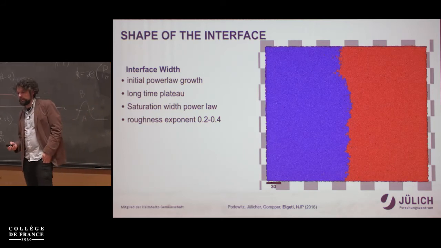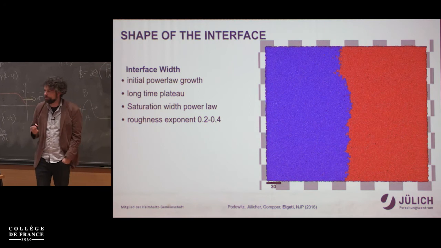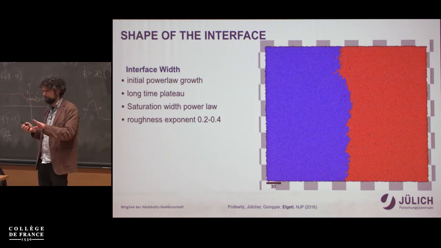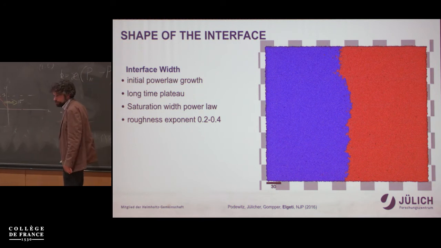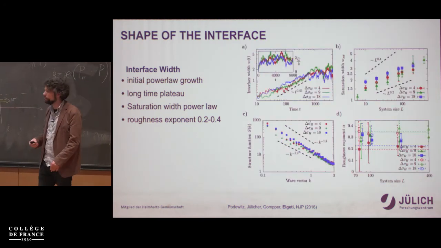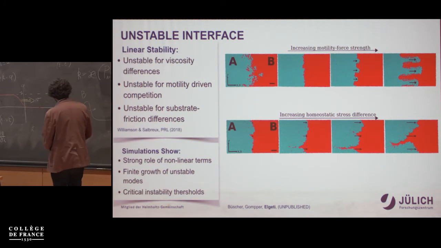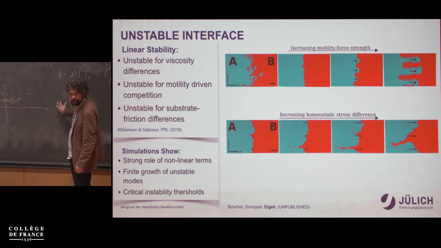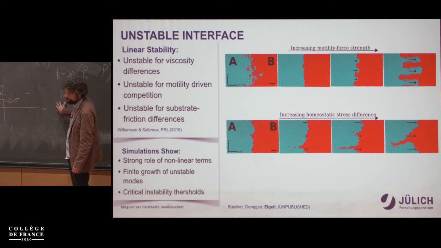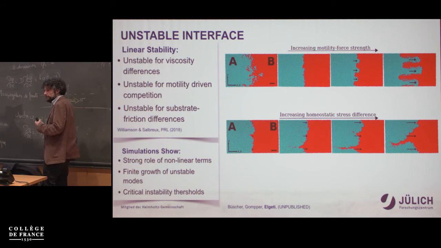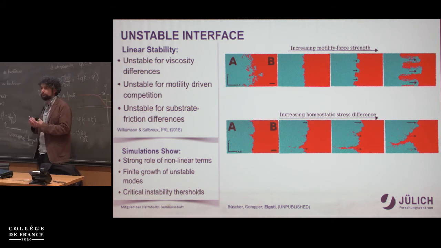Then another student from Jean-François saw my paper on this, and he said, well, that's a nice hand-waving argument. Let's do a proper linear stability analysis of this kind of flat interface. And what he finds is that there are a lot of ways where this interface can be linearly unstable.